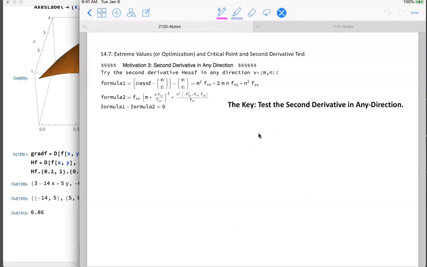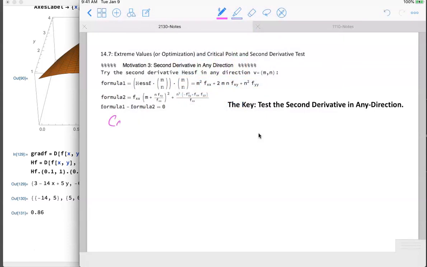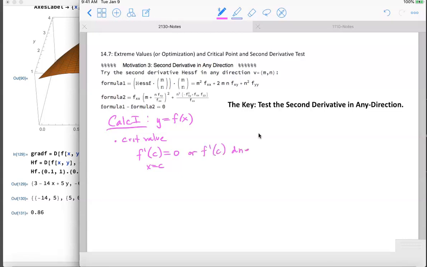Okay, so you'll recall from Calculus 1, you had a function of one variable, y is equal to f of x. Once you found a critical value, or a critical point, that was a place where the derivative at a certain value, x is equal to c, gave 0 for the derivative, or the derivative evaluated at c does not exist.